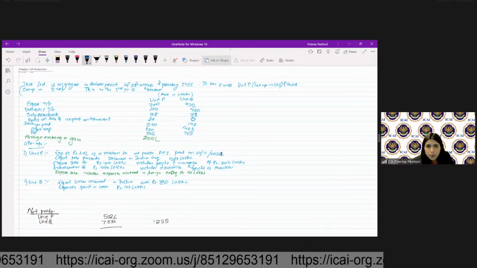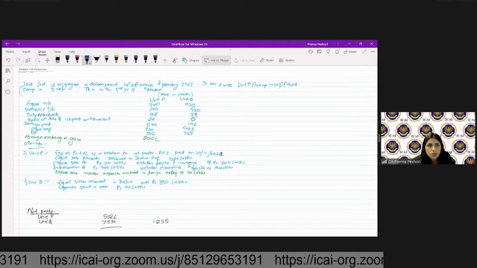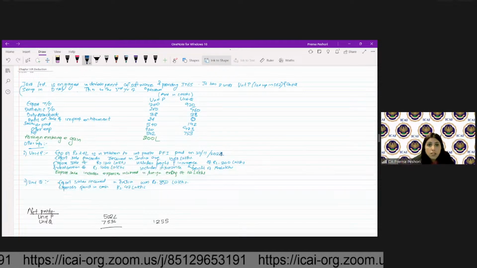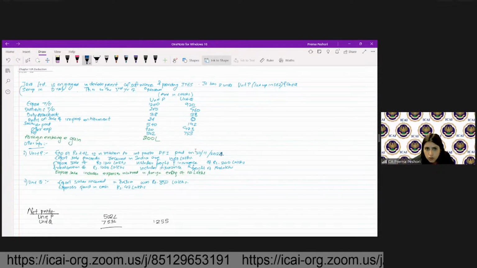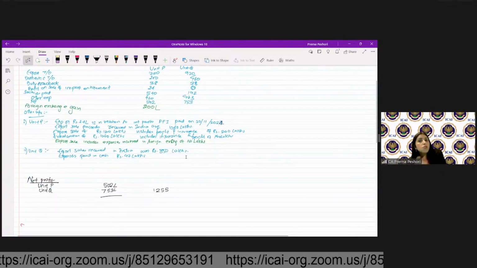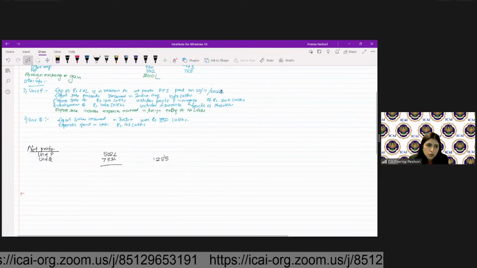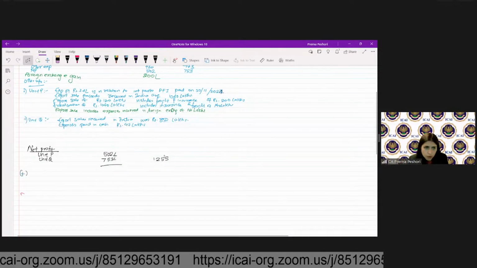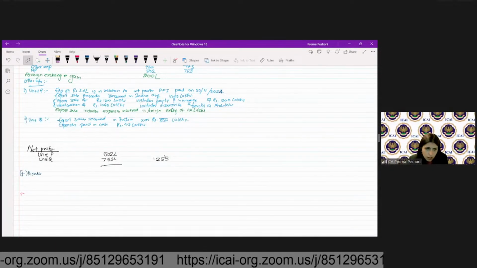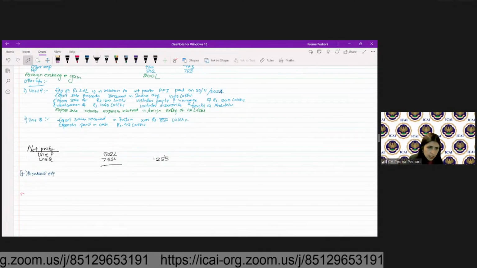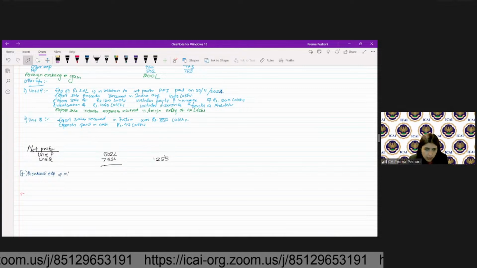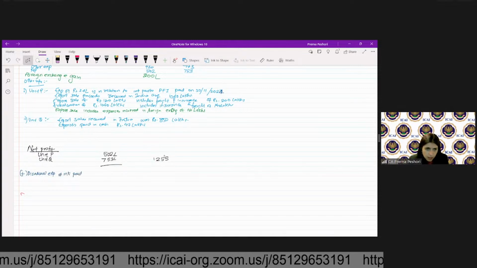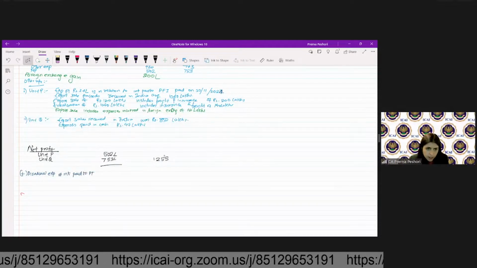Sorry, this is interest, not the provident fund. This is interest paid to the public financial institution after the due date. So therefore we disallow the expenditure of interest paid to the public financial institution.